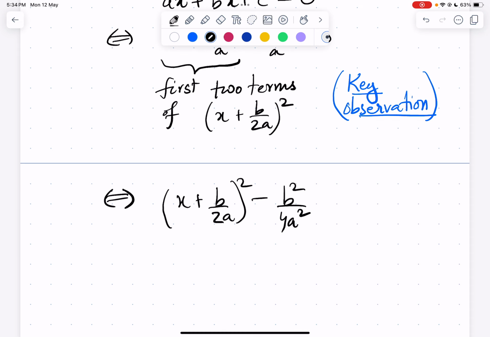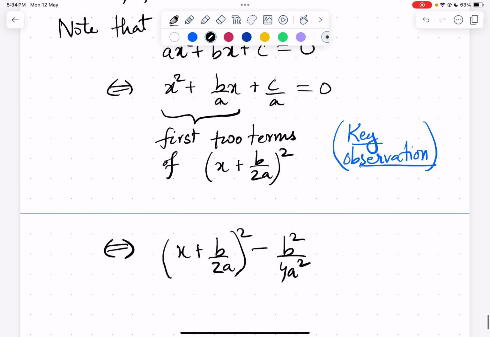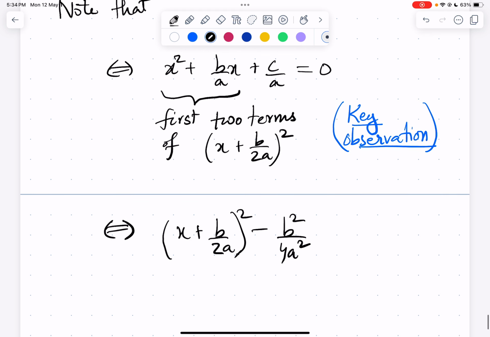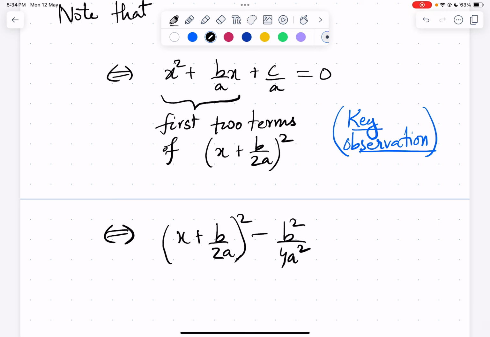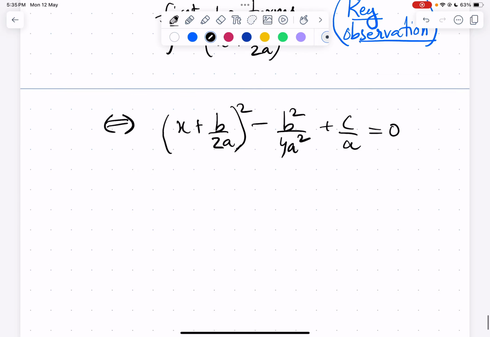So this minus b square by 4a square removes the third term in the expansion, and you are left with the first two terms of x plus b by 2a whole square. So these give x square plus b by a x, plus c by a equals 0. So we are saying this is same as saying x plus b by 2a whole square minus b square by 4a square plus c by a is equal to 0.